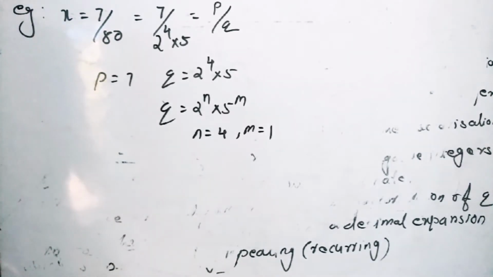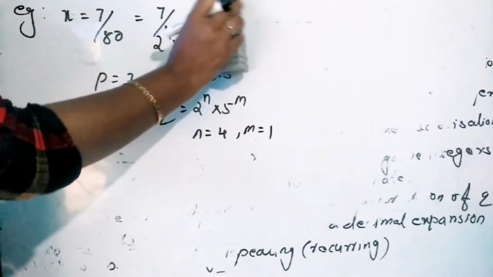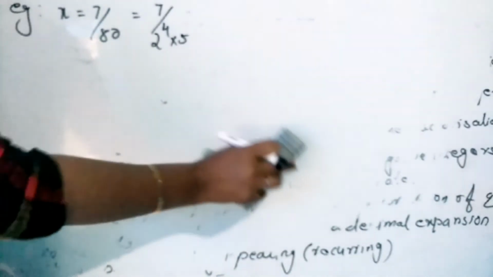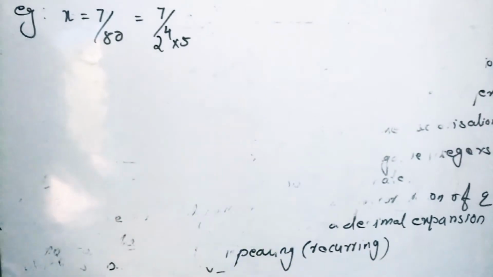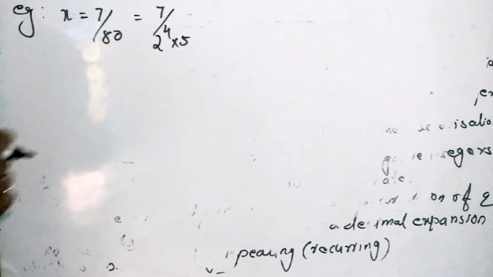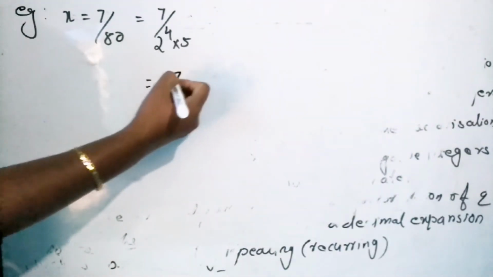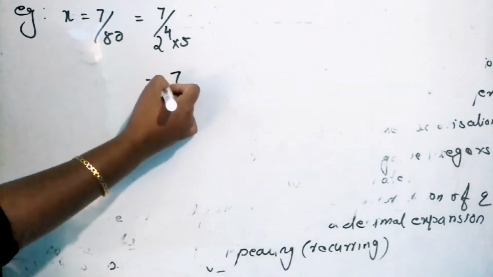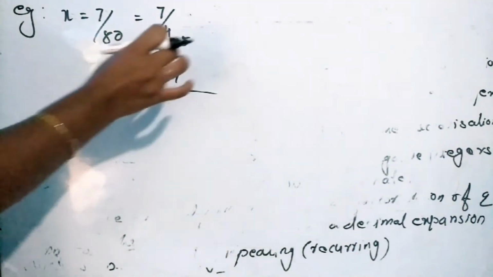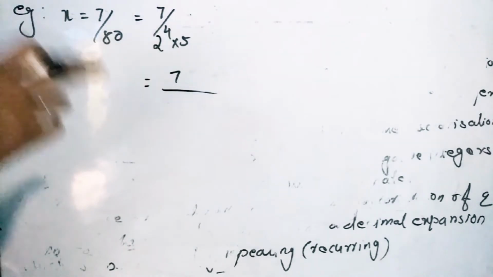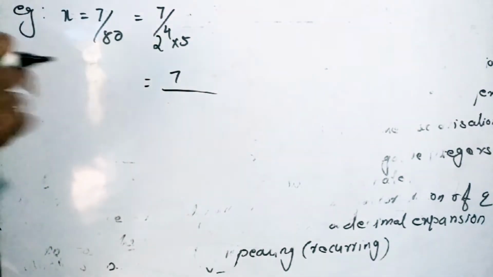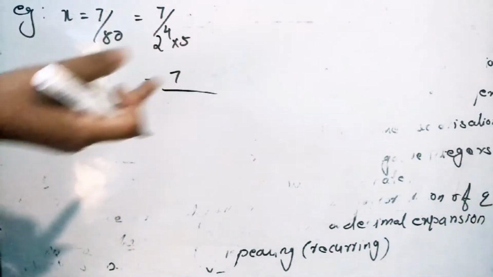Okay. So, now our aim is to find out the decimal expansion corresponding to this number. As I said, no need to bother about the numerator. Just consider your denominator, and I need to convert that denominator completely into 10 raised to something.